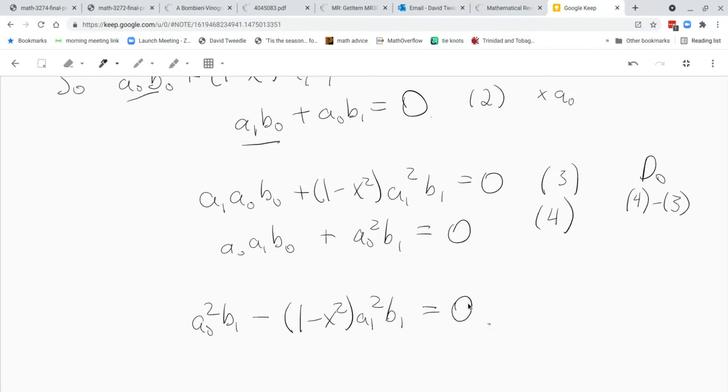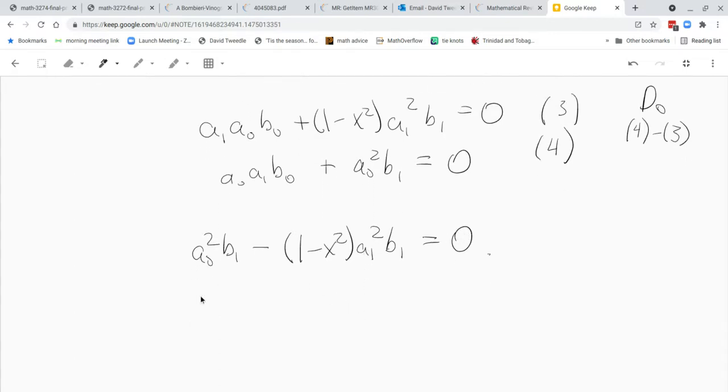Let's call this 5. And if you factor 5, you get A0 squared minus (1 minus X squared) A1 squared, times B1, equal to 0.